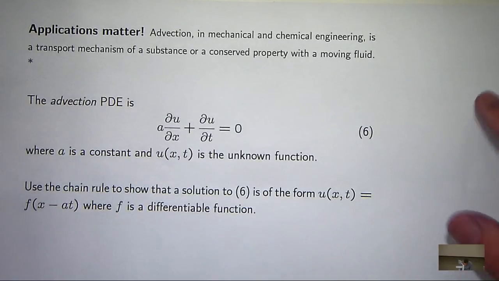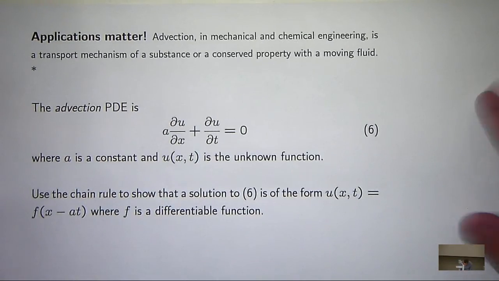All right, so let's look at a pseudo application. How can you use these things in, for example, modelling? All right, the partial differential equation, 6, is known as a special equation called the advection equation.